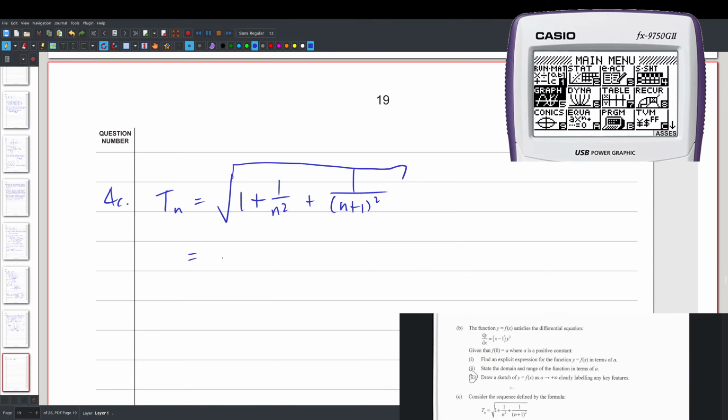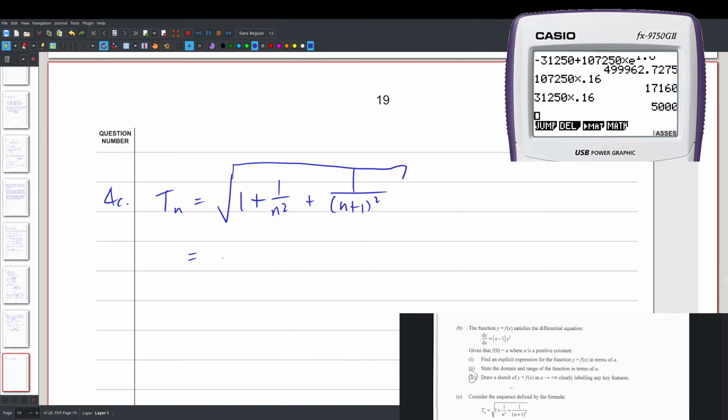So it's just like, I don't know, man. Option, calc, sum, square root, 1 plus 1 on n squared plus 1 on n plus 1 squared from n equals 1 to 2021.